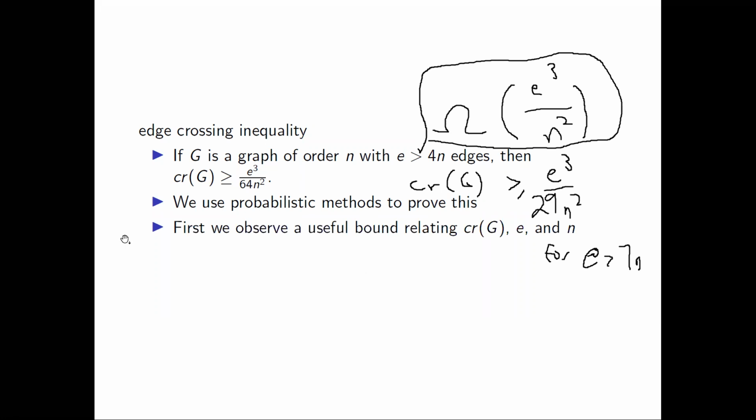So the bound that we're claiming also has those properties. It does relate the crossing number, the number of edges, and the number of vertices. But the bound that we're going to prove first is a simpler bound, and it's going to be helpful to combine this simpler bound with the probabilistic method, and that'll give us the bound we want.